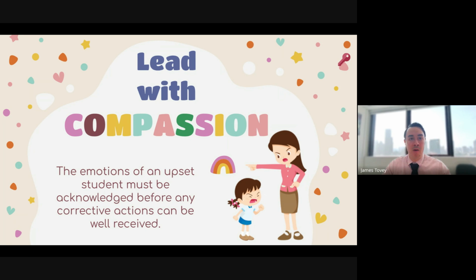Their emotions are on display, and you're not listening to them. If you're just trying to command them or tell them to do something, you need to acknowledge their emotions first, and respect their perspective or their point of view or what they're going through at that time. And if you listen to them about their emotions and how they're feeling, they're more likely to listen to you in terms of what needs to be done for this lesson and so forth. We'll get into that a little bit more.